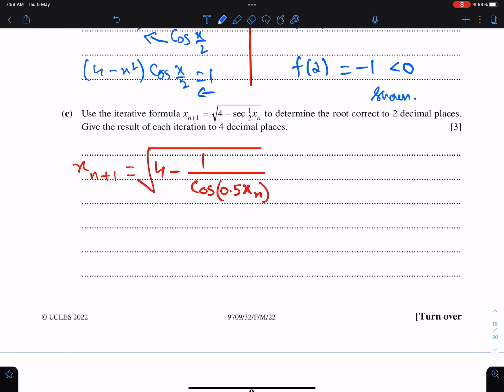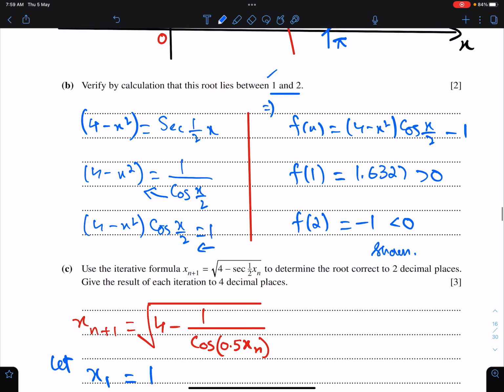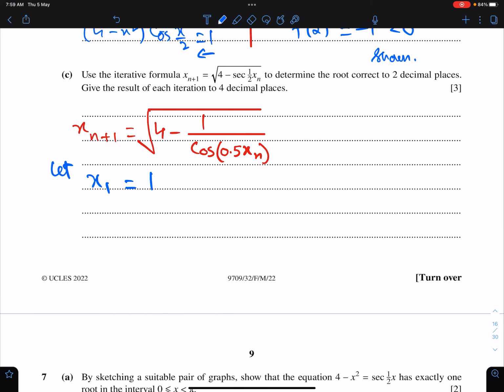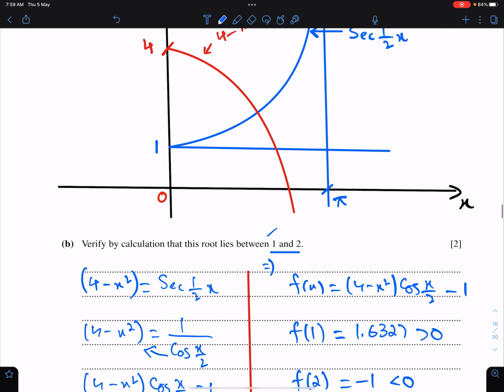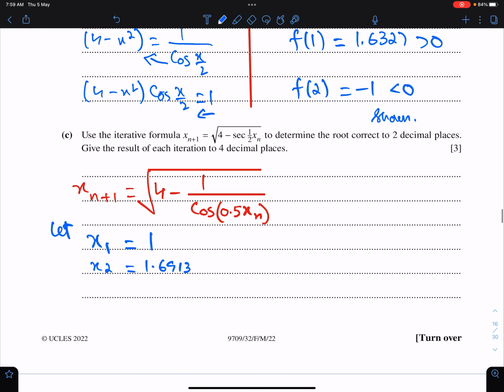The initial value is 1 because root lies between 1 and 2. So this is the x1. When we will substitute 1 into this formula, we will get 1.6913. And we have to show the results of each iteration up to 4 decimal places.